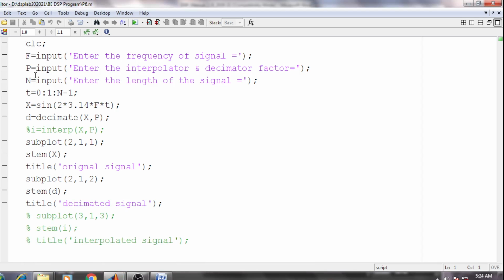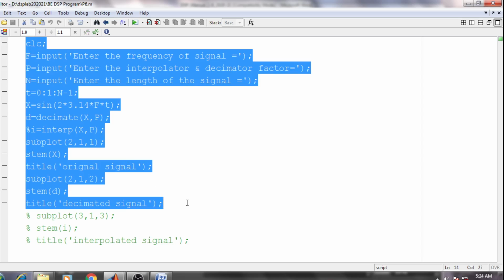I hope you are able to see the MATLAB prompt. Along with it, the program is written in MATLAB for the decimation process. I am just highlighting the code. I hope you can see it. The first statement is the variable f. It is used for defining the frequency, so f is equal to input, in brackets, enter the frequency of signal.